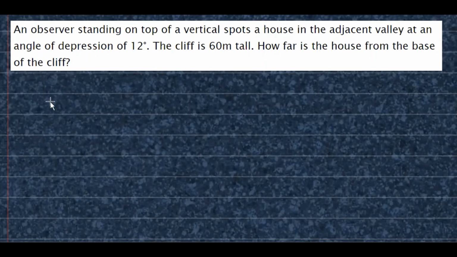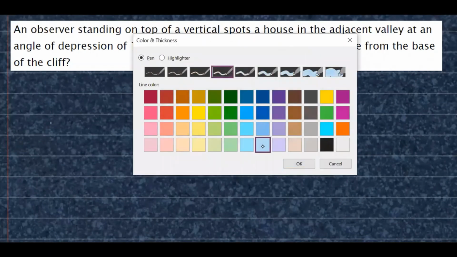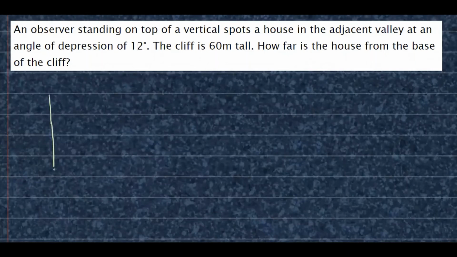So suppose this is the cliff, and we have someone up there and we're going to measure the angle from his or her eyesight. So from the observer's eyesight. Now here's the house. Let's just say that's the house.